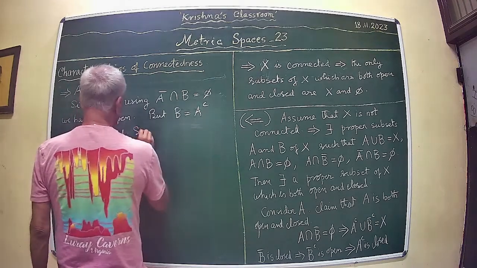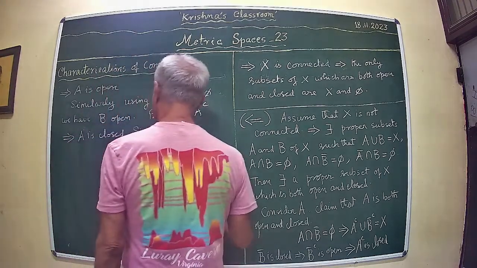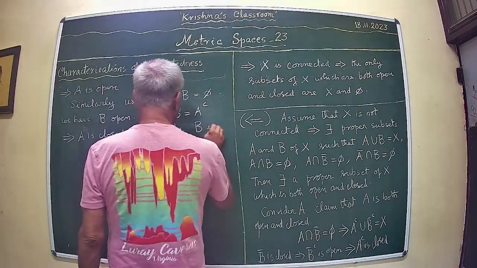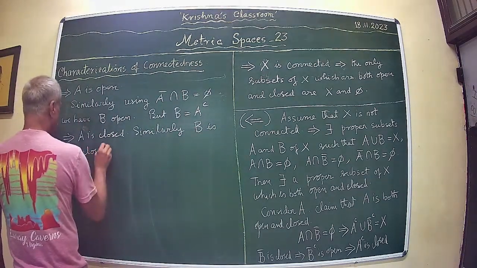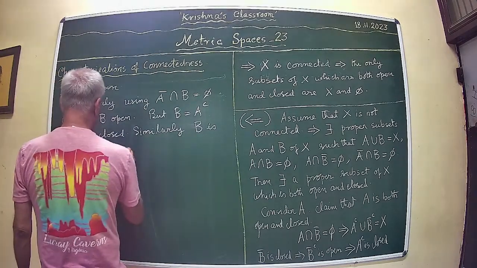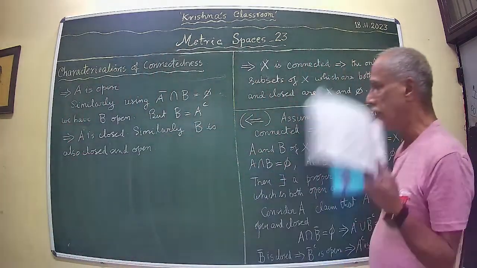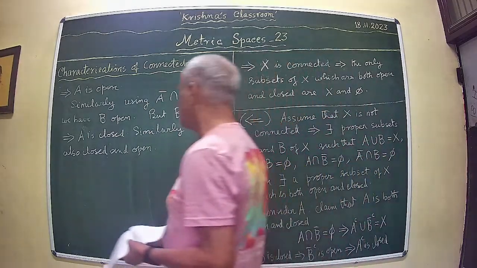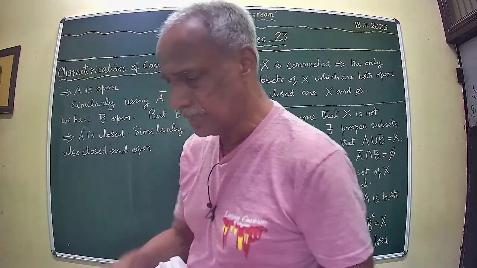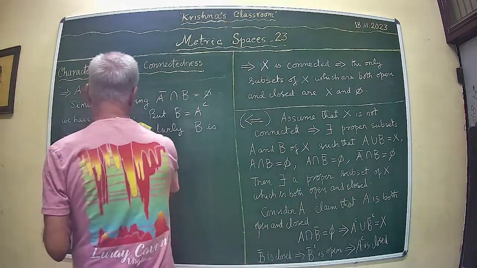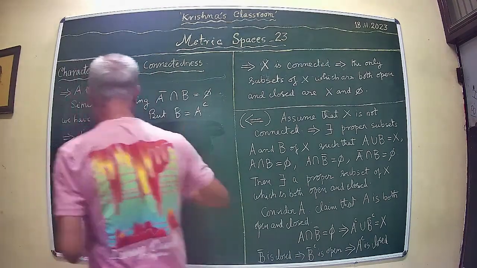Similarly B is closed. So we have both A and B closed and open because this is enough. That is A is both closed and open. At this stage I can stop it. Although it is possible to prove it.